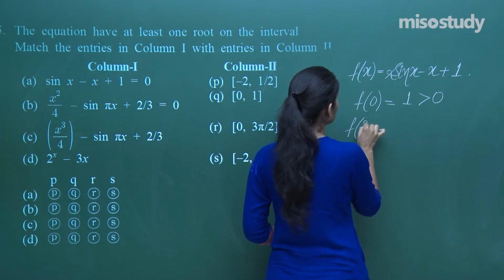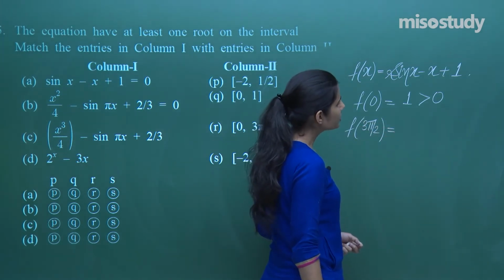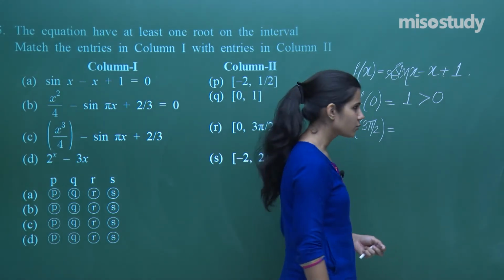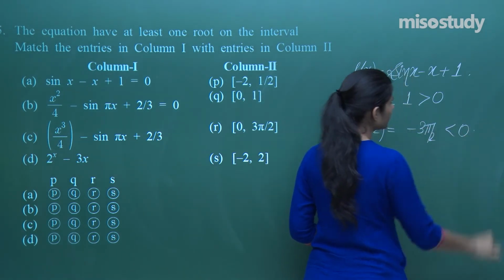And f of 3 pi by 2 is sin of 3 pi by 2 minus 3 pi by 2 plus 1, which is minus 1 minus 3 pi by 2 plus 1, which is less than 0.